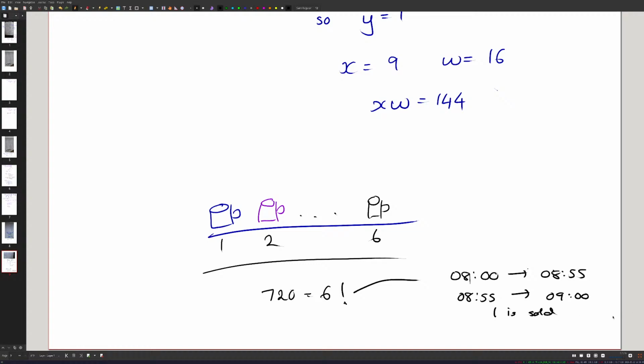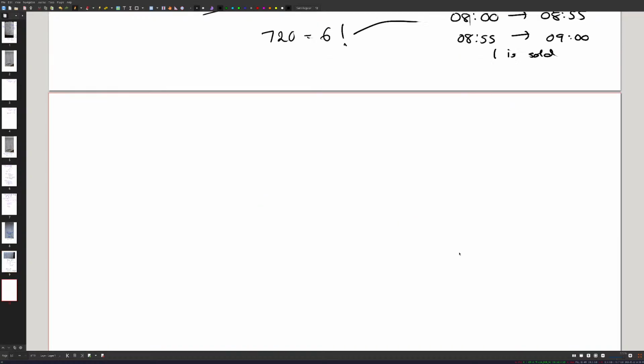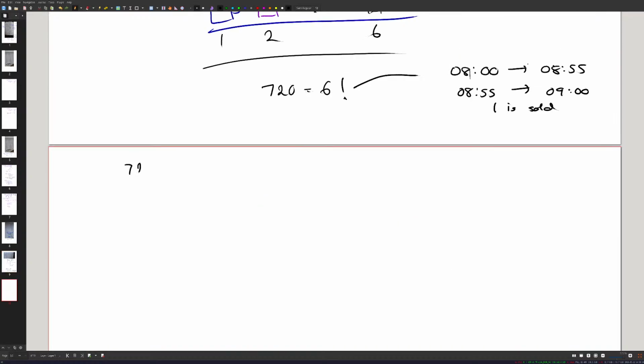Okay, so between 8 and 9, he makes 720 arrangements. And then between 9 and 10, he makes 120 arrangements, which is 5 factorial. That's the number of ways of arranging 5 mugs on the shelf. Then 10 to 11, he does 24 arrangements. 11 to 12, well, actually until 11:55, and then 1 gets sold.